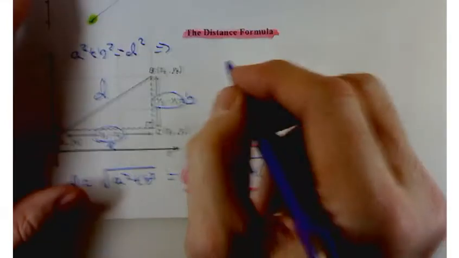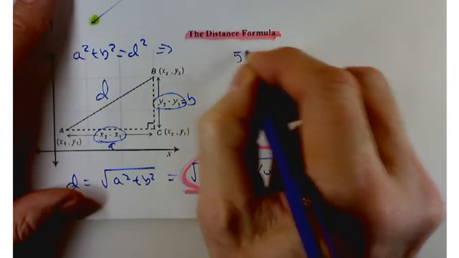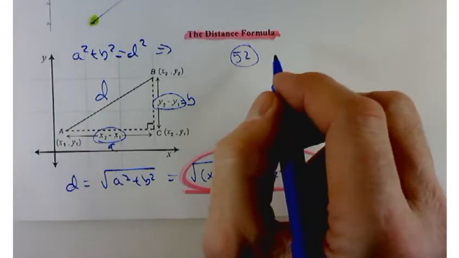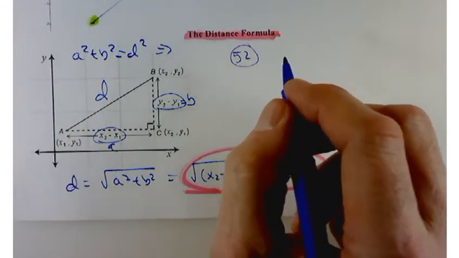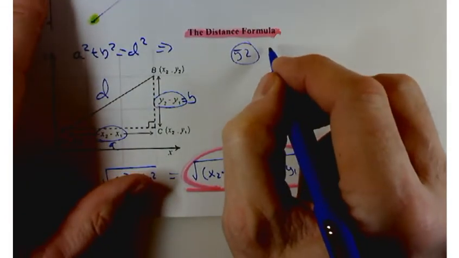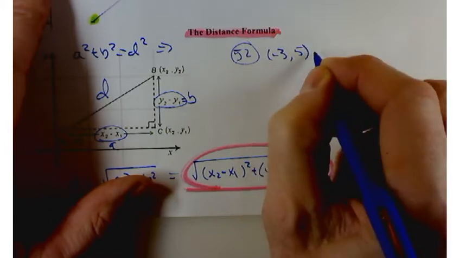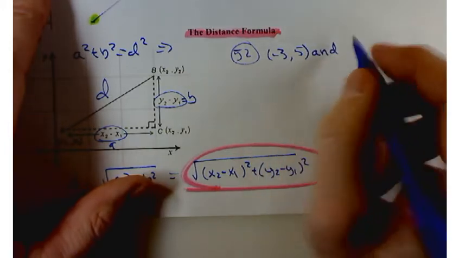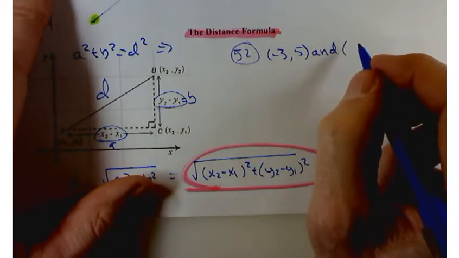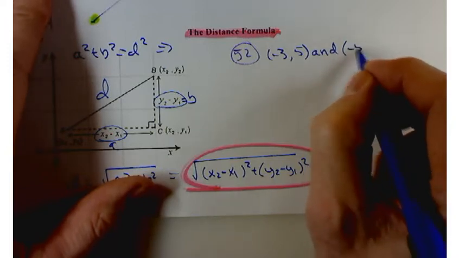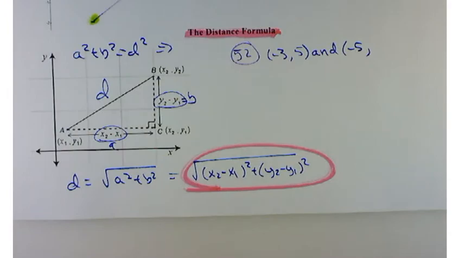Problem 52, like I said, was really a distance formula problem. So going back to those particular points, it was -3 and 5, and -5 and -5.